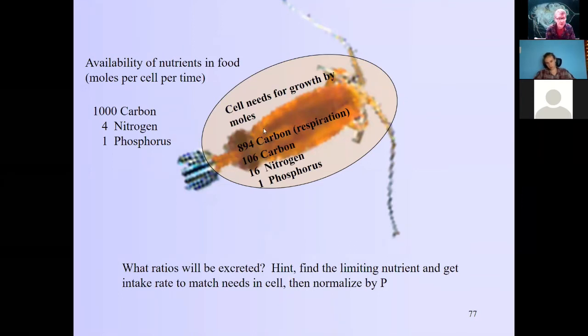So you sum these two and they come up to 1,000, and the phosphorus is right there, but nitrogen's low, relative to what it needs to build its cells. So it's going to be nitrogen limiting. So if nitrogen's limiting, what is going to be excreted in this case? Right, phosphorus, and maybe something else.